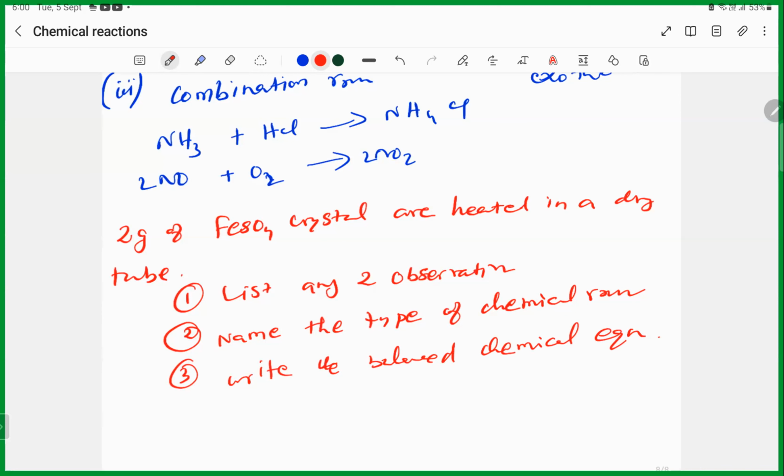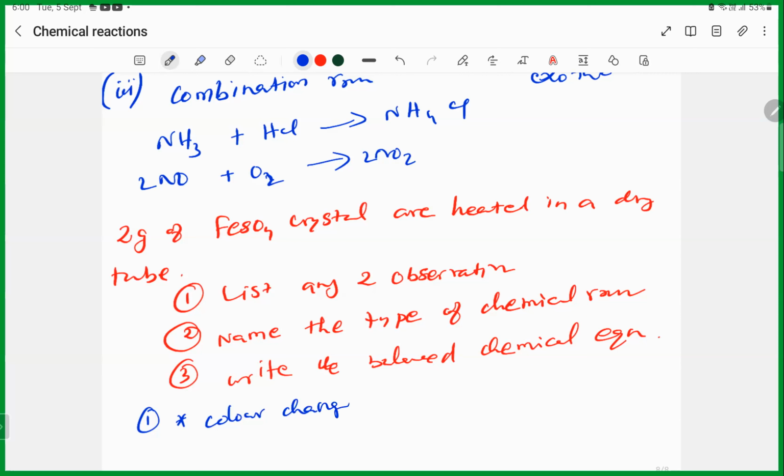Sir, when ferrous sulfate is heated, it changes color from pale green to reddish brown. So first, when heating, there is a color change.